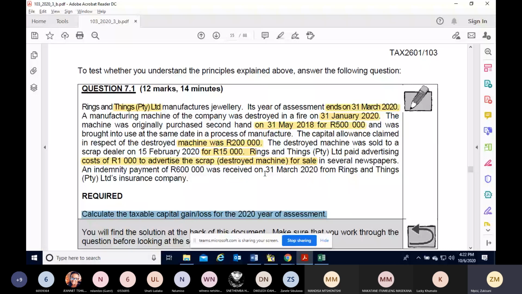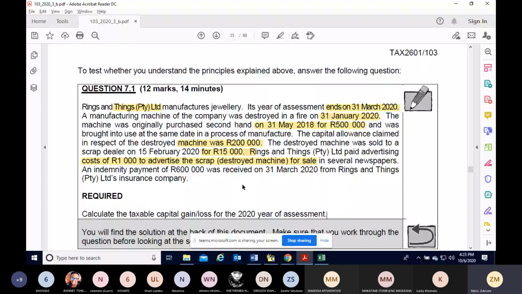In this case, it is a deemed disposal because of the destruction of the asset. We did not voluntarily sell this asset; it was destroyed because of the damage caused by the fire.